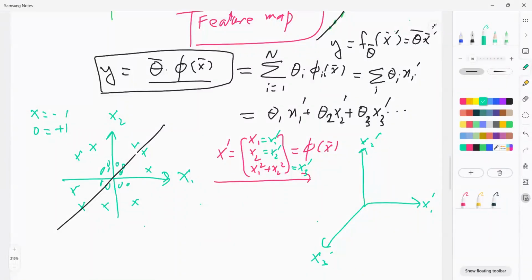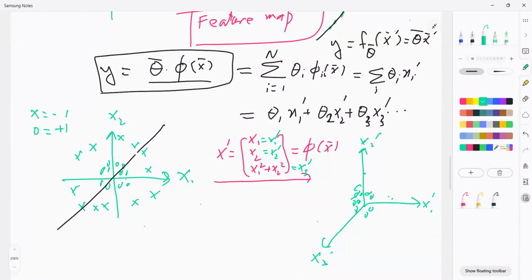And we see that these circular data points, they are near the origin. So when I take the square, the third coordinate is going to be smaller for these points. So they're going to be lifted off of the x1, x2 plane, but they would still be close to the origin. And these points with crosses, they have x1, x2 large.